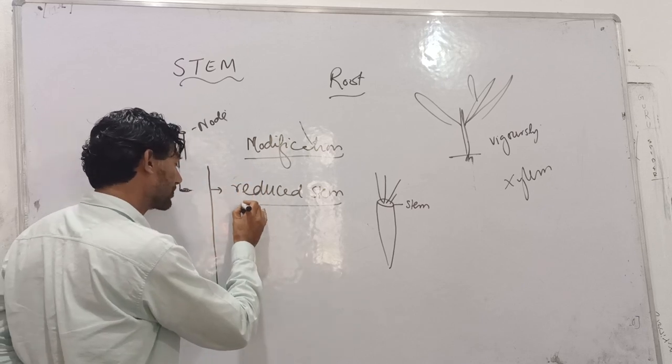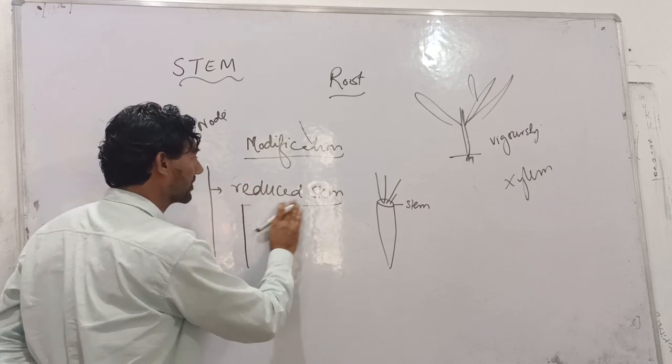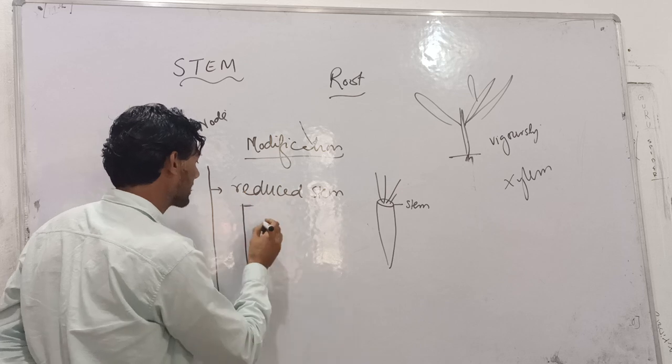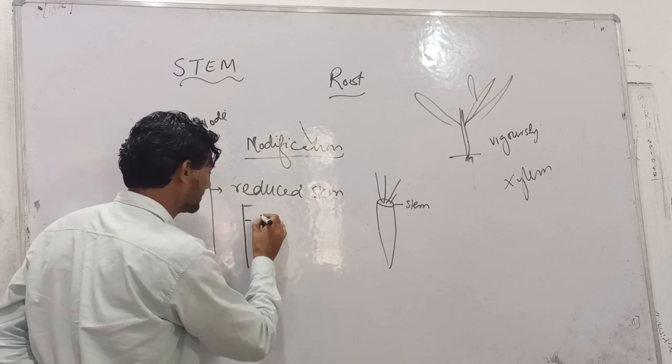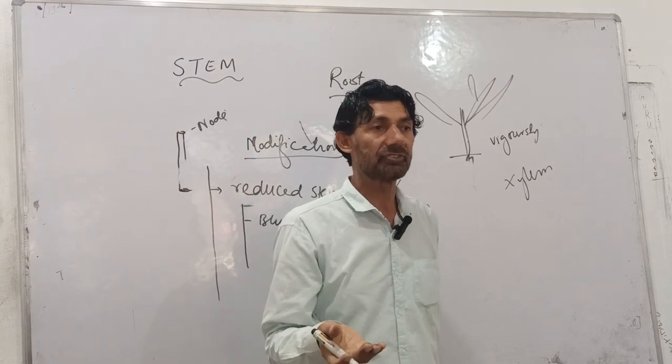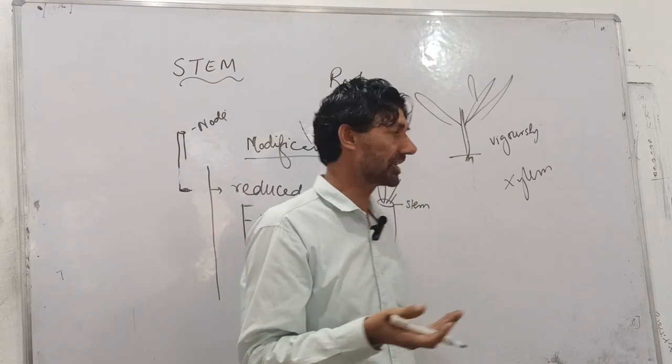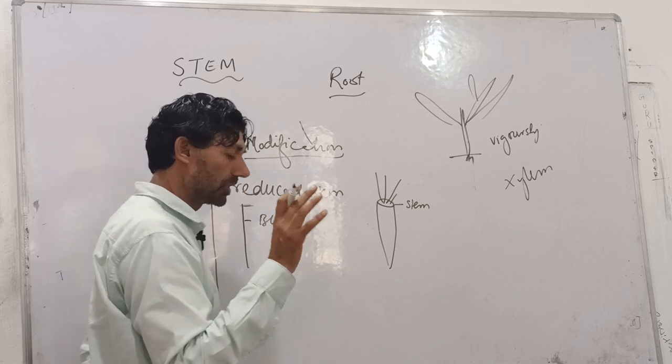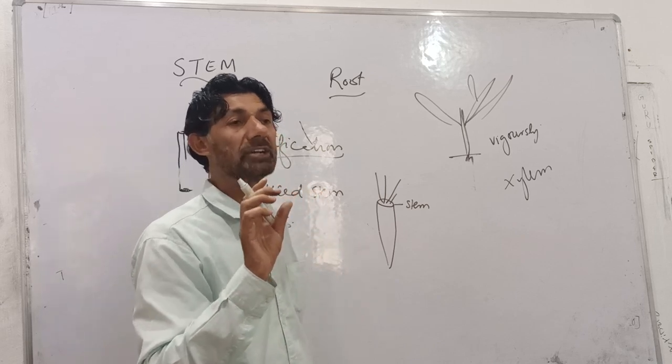The following show examples of reduced stem. For example, bulb: onion or garlic, where the stem is too much reduced.